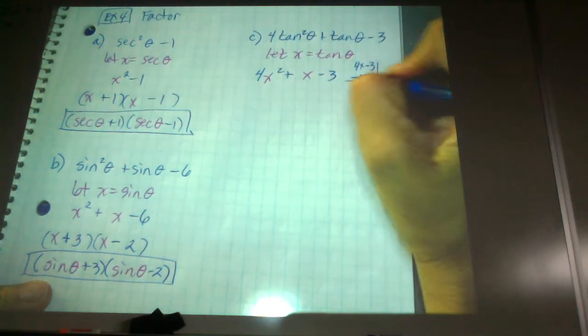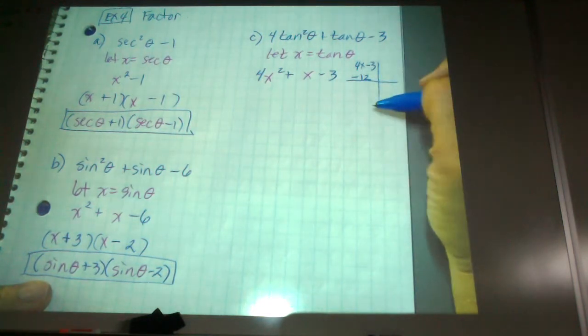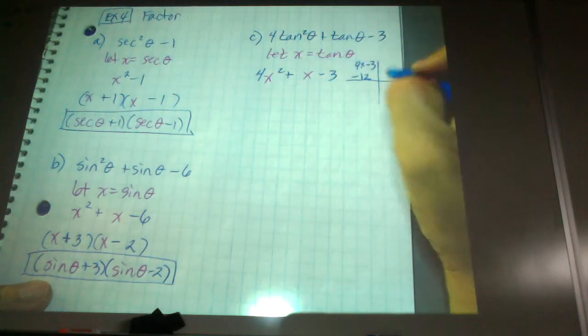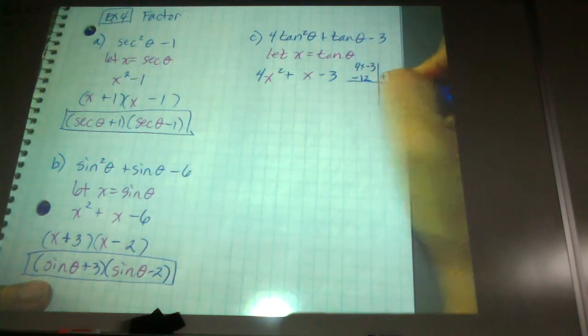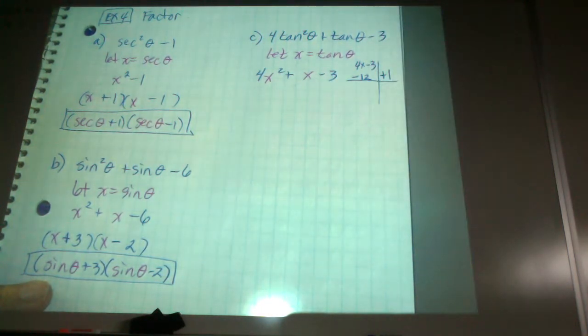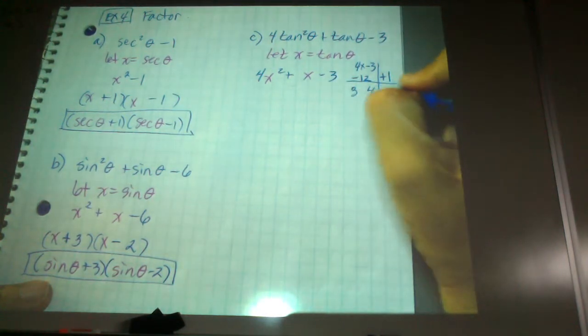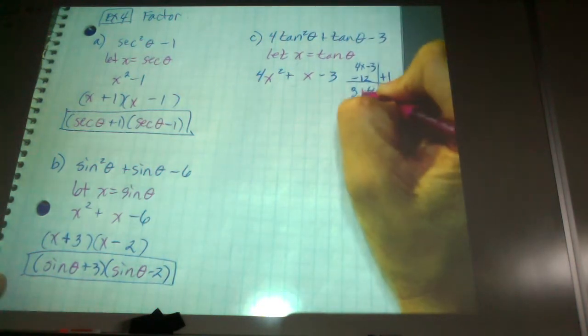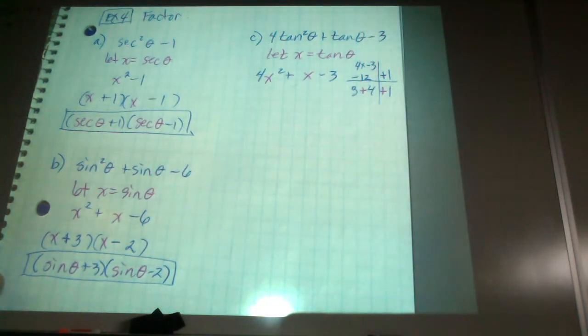So because the product is negative, we are subtracting the factors of 12. We are looking for a middle coefficient of positive 1. So what factors of 12 subtract to give me 1? 3 and 4. The sign of my 1 needs to be positive, so the bigger of the two gets that same sign. What does the sign of the 3 have to be? Negative.